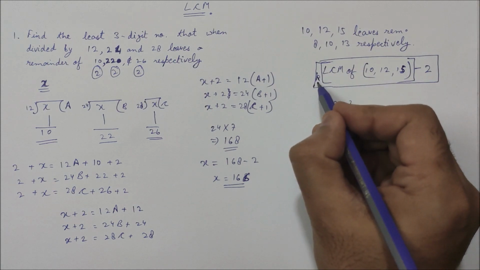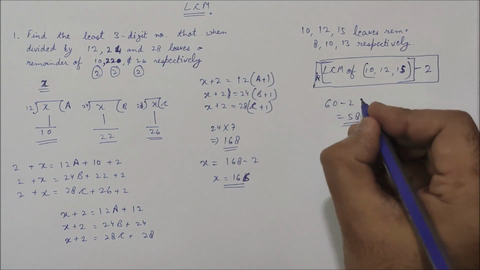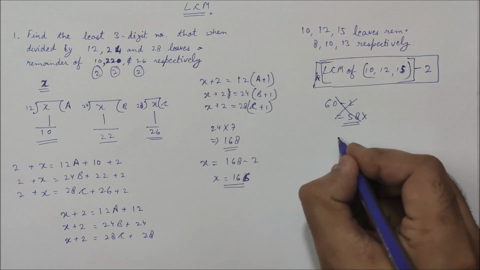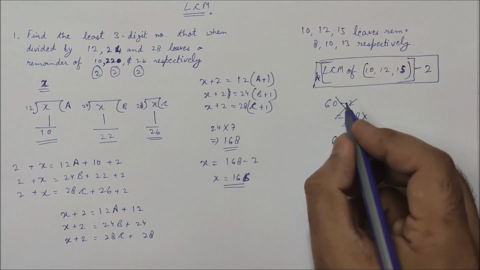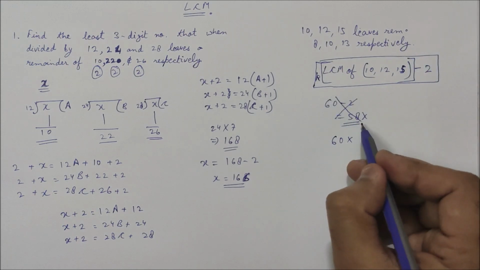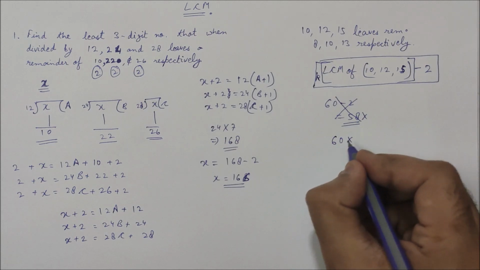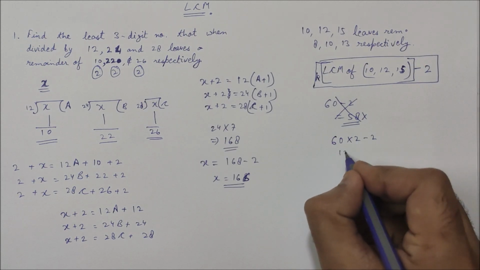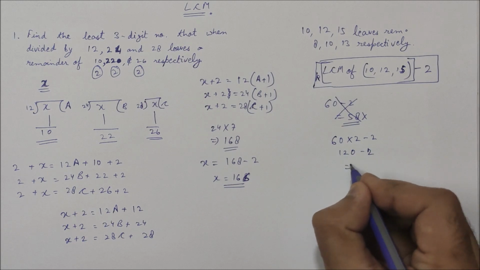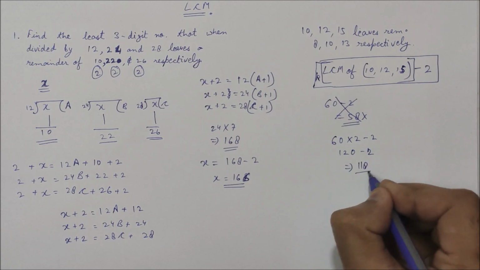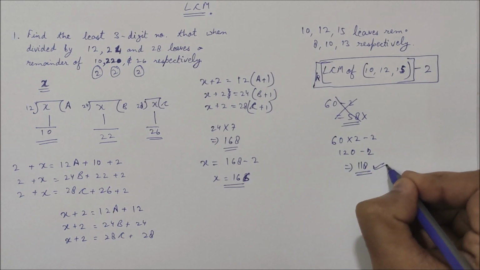So I will multiply that with a k and then I'll subtract 2. So this is not my answer. 60, if I put k as 1, that would give me 58, which is not my answer. So 60 into 2 minus 2, which would give me 120 minus 2, so it would be 118. That is my correct answer in this case.